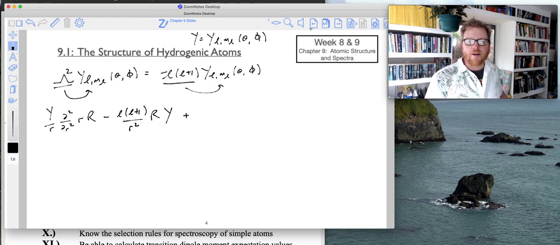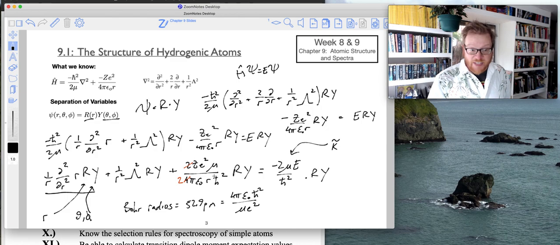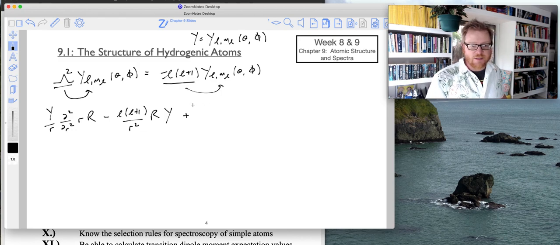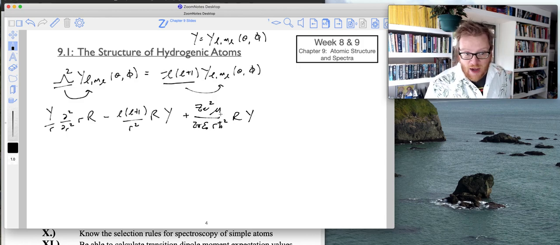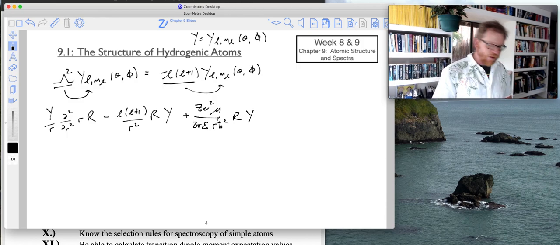And then now I've got my potential energy term that I'm going to write. Okay. And so now that's plus Ze squared mu divided by 2 pi epsilon r h bar squared, and that's still times RY, because this is just a bunch of constants, so there's no operation there.